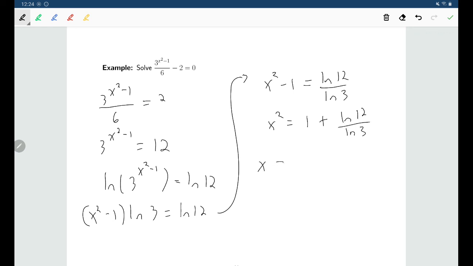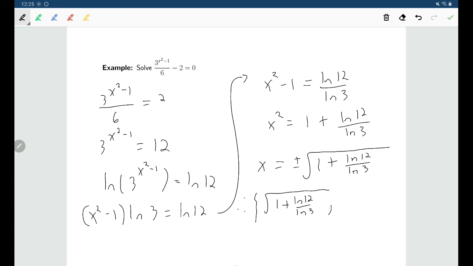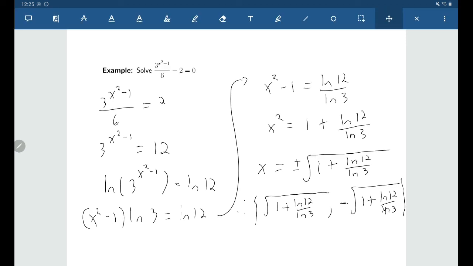And then x should be plus or minus the square root of all of the right side. There we go. And so my solutions are the positive square root of 1 plus natural log of 12 over natural log of 3, and the negative of the square root of 1 plus natural log of 12 over natural log of 3. There we go, and we have our two solutions.